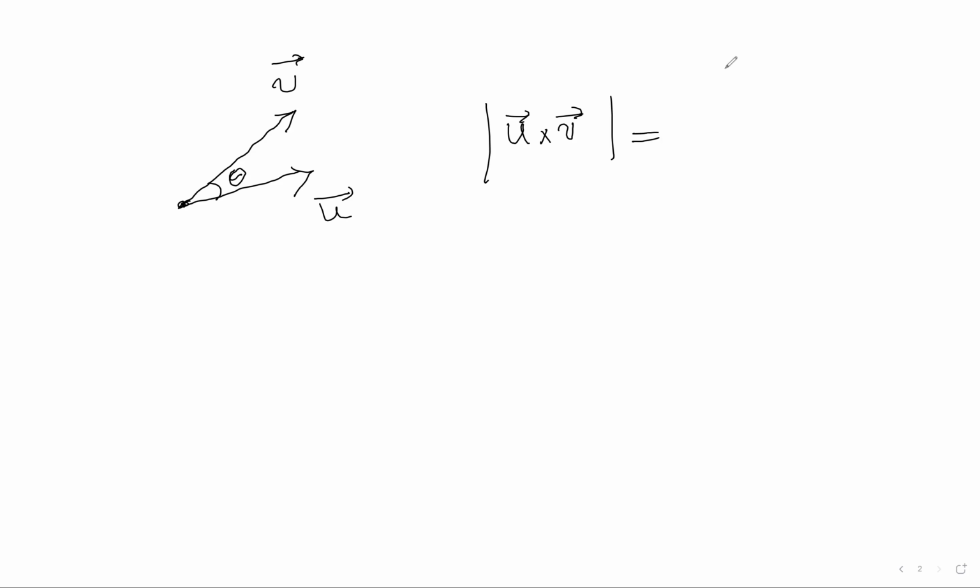It can be proved that if we have two vectors, suppose I draw them in a way that they have the same initial point, and they make an angle of theta, the length of U cross V, just the length, not the vector, is equal to the length of U times the length of V times the sine of the angle they make, sine of theta.